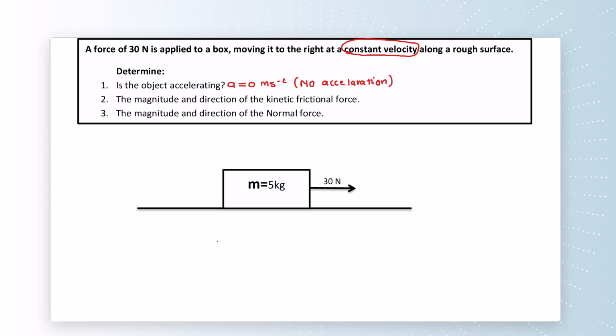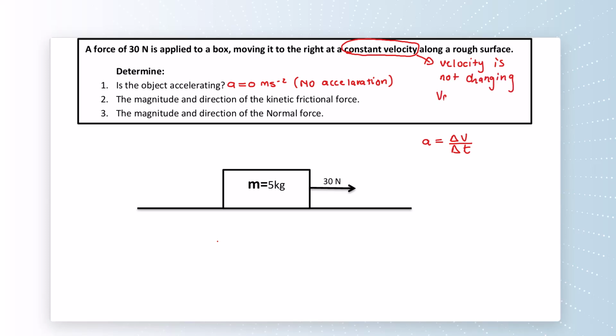Why? Acceleration is change in velocity over change in time. Now think about it. Constant velocity means velocity is not changing. What does that mean?